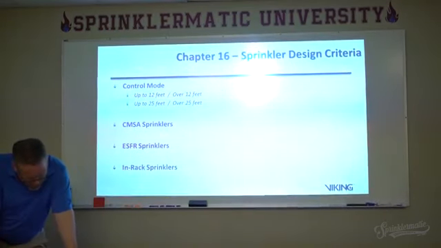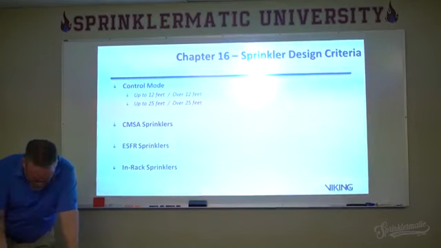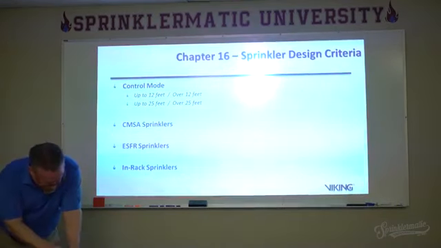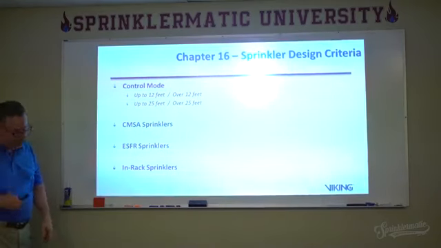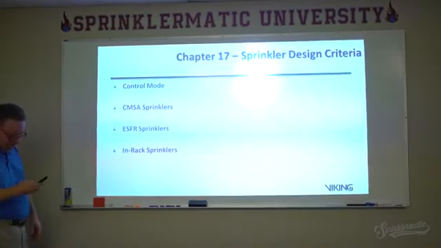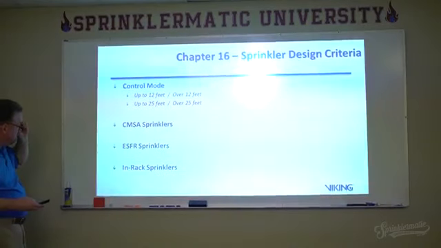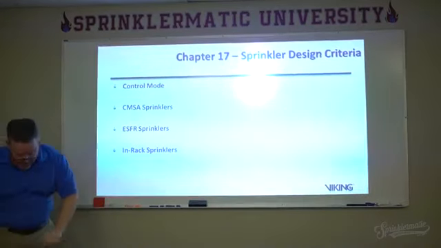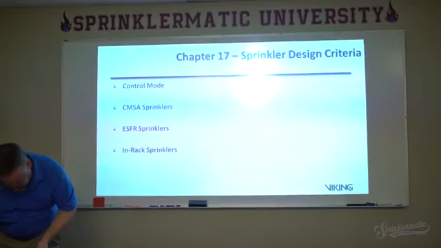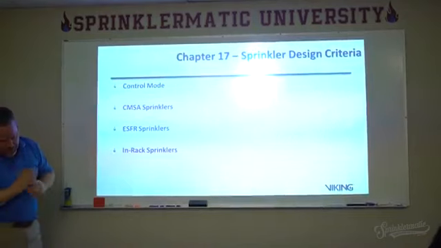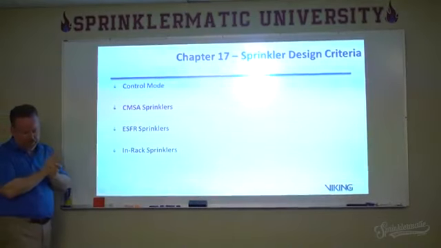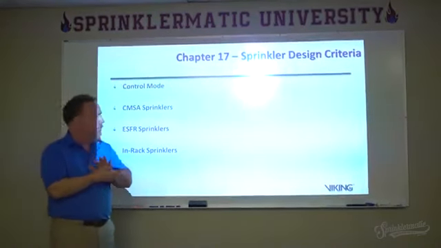So if we go to page 4 in the quick reference guide, you can see control mode density area sprinklers, CMDA. They're just control mode sprinklers. These are the types of sprinklers that we would be using in that control mode arrangement. And then in-rack sprinklers, both in 16 and 17. In-rack sprinklers we have on page 5 out in the back. We see examples of our in-rack sprinklers that are down to as low as K5.6 or K8.